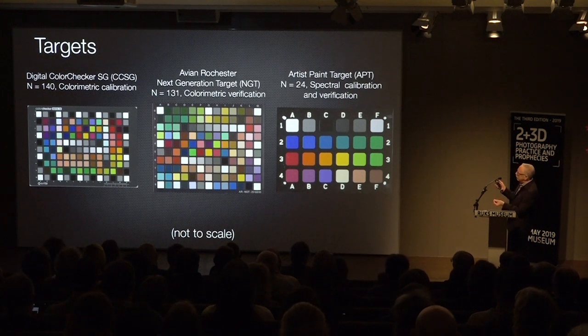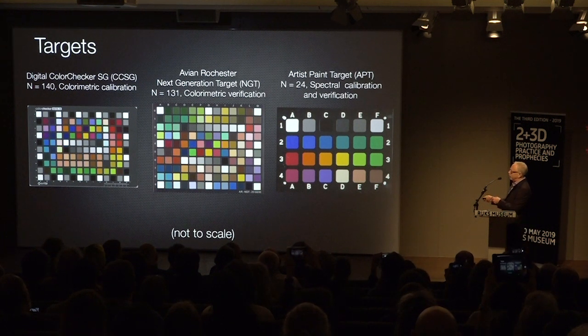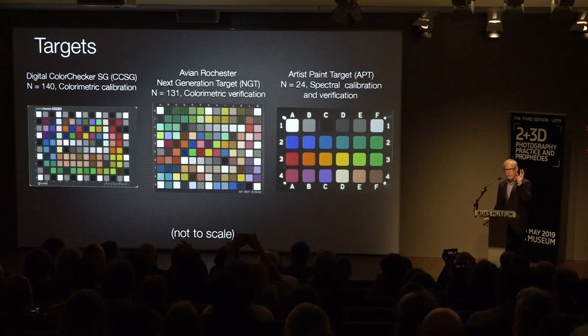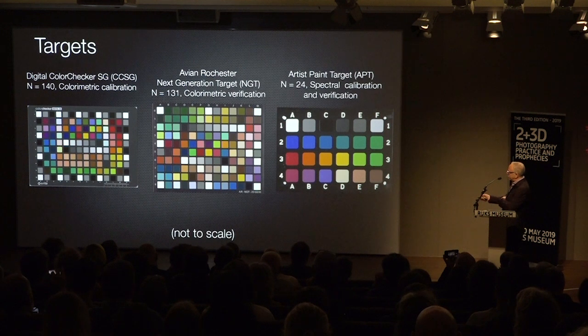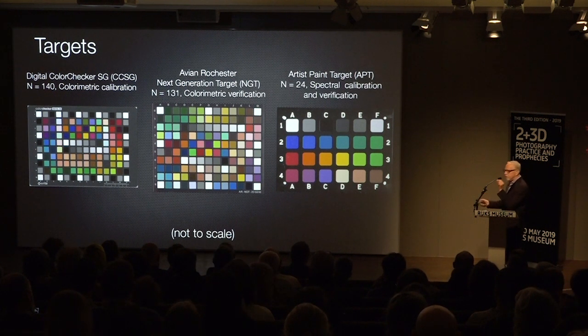Okay, so let's look at targets. Because I want to relate to everybody, I'm using our friend, the ColorChecker SG, to build my profile. So this is what's being used to build the profile for color. And then as far as evaluating color, this is the next generation target that's made by Avian Rochester, and it's independent data, right?